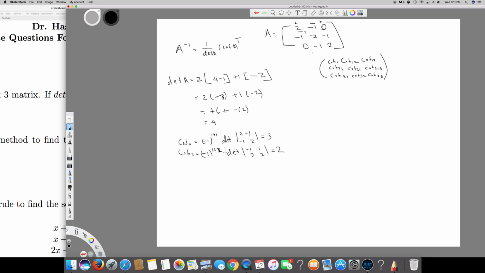And I think you have to do the same thing for everything. I just write the number: cofactor 1 3 is going to be 1, and you can calculate it later.